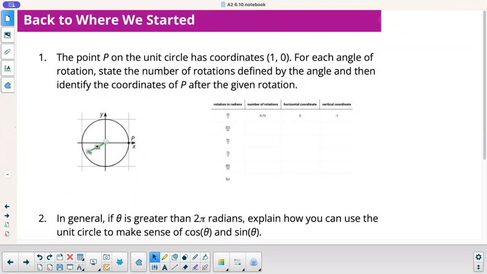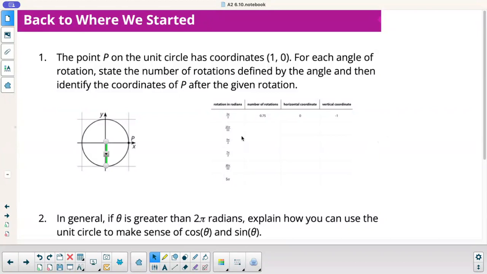Pi over 2, 2 pi over 2, 3 pi over 2. So you did 3 pi over 2 as your rotation. So I did 0.75 of a full rotation. Okay. Full rotations. I did 3/4 of a full rotation. This has a horizontal coordinate of 0, vertical coordinate of -1.